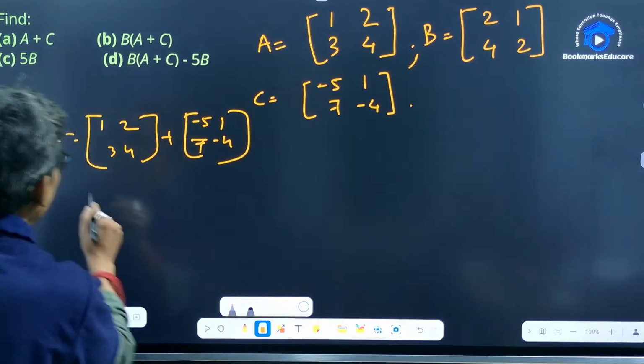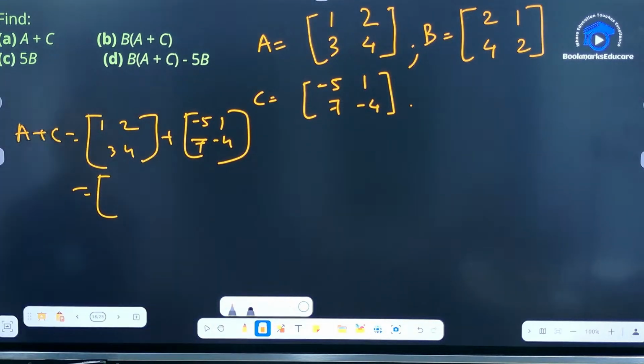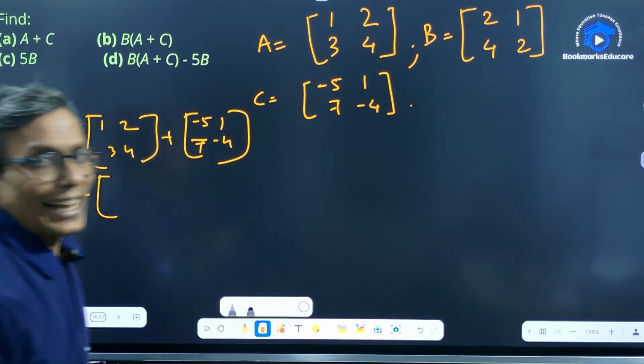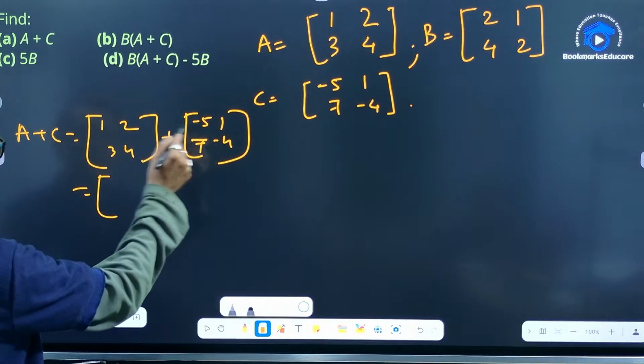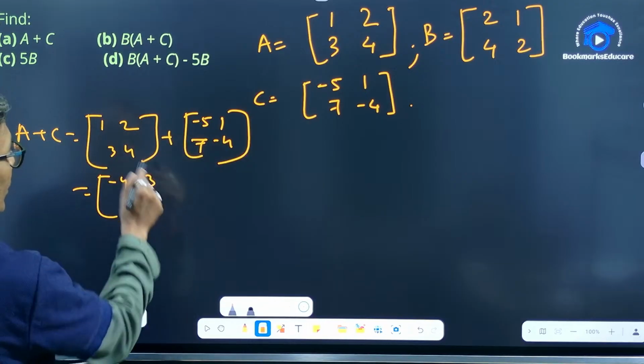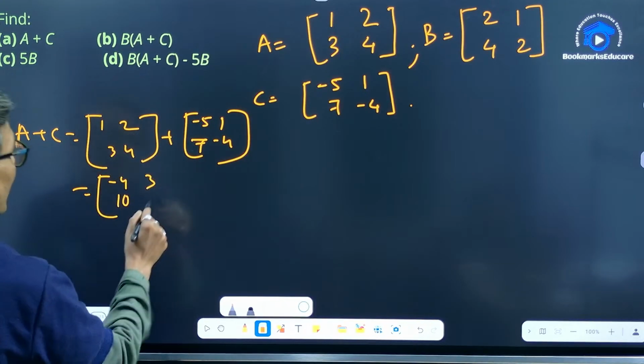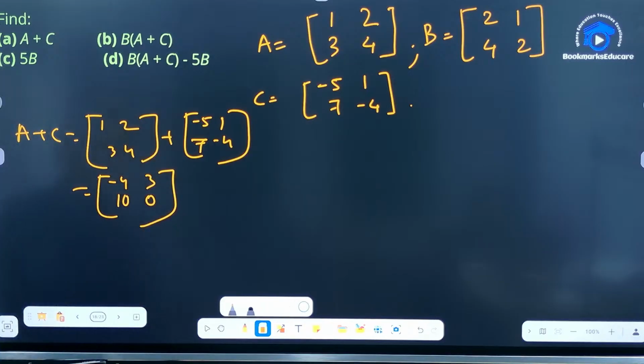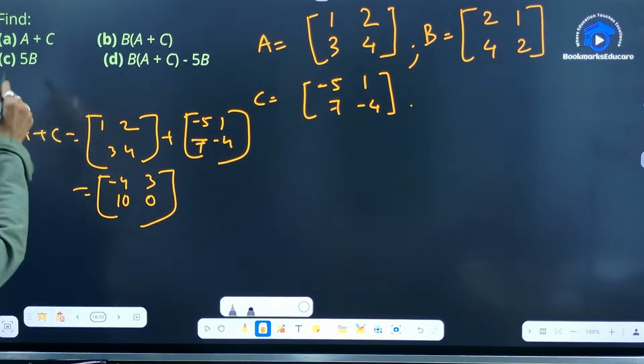We have to add the two matrices, their corresponding elements. So 1 plus this, that is -4 3, 10 0. So this is the required first answer.